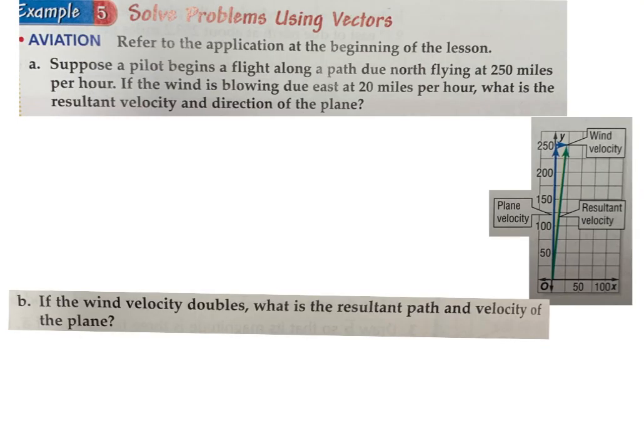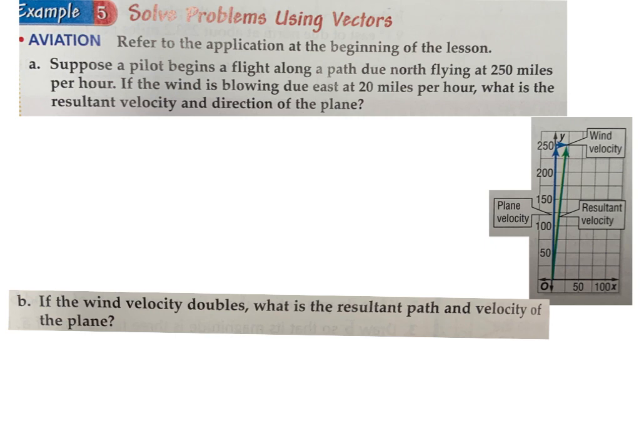Suppose a pilot begins a flight along a path due north, flying at 250 miles per hour. If the wind is blowing due east at 12 miles per hour, what is the resultant velocity and direction of the plane? All right. And so the resultant velocity is actually the new green vector.